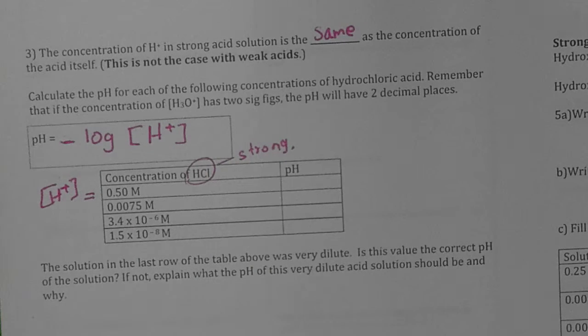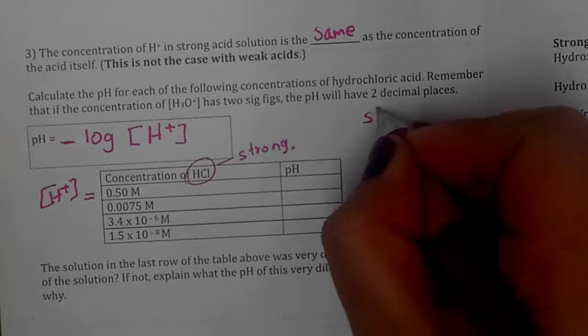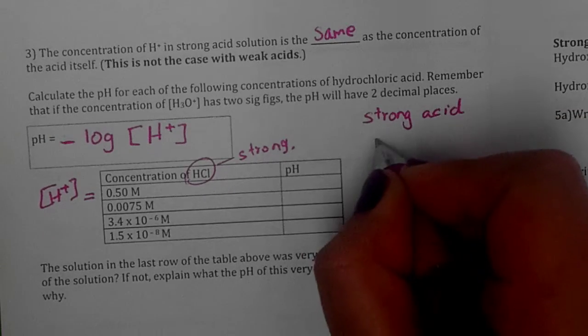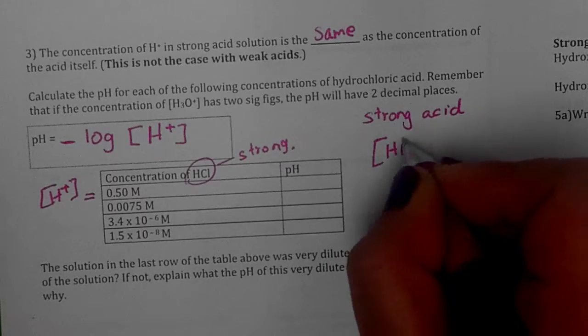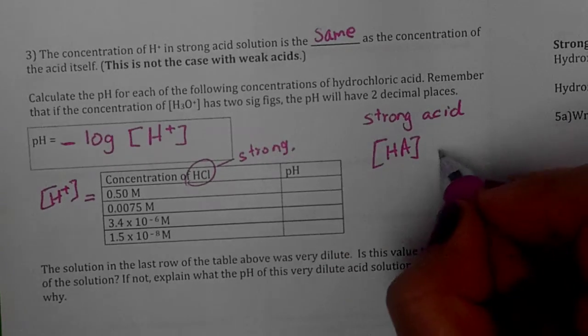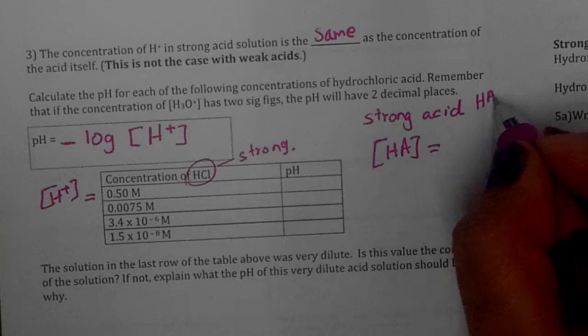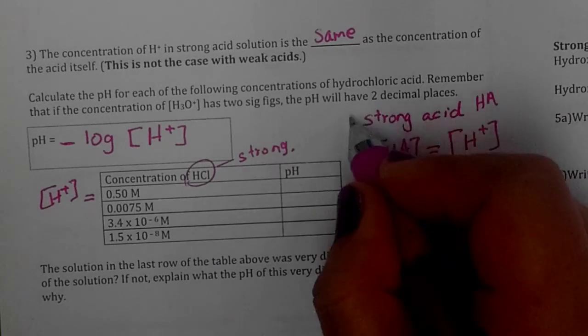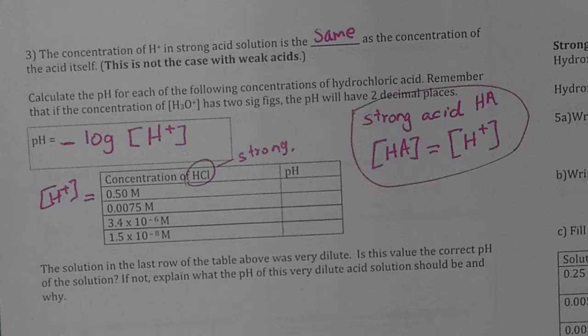Okay. For a strong acid HA, where A stands for just acid, any acid, the concentration of HA is going to equal the concentration of H plus. You want to remember this. Notice to use 2 decimal places for the pH.